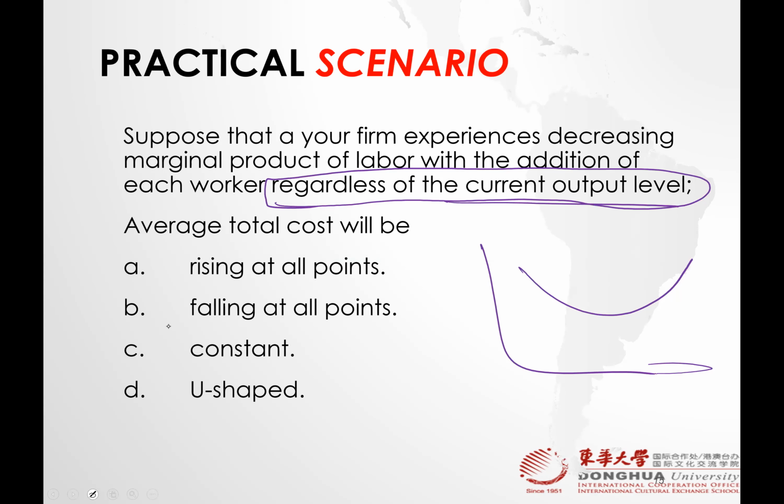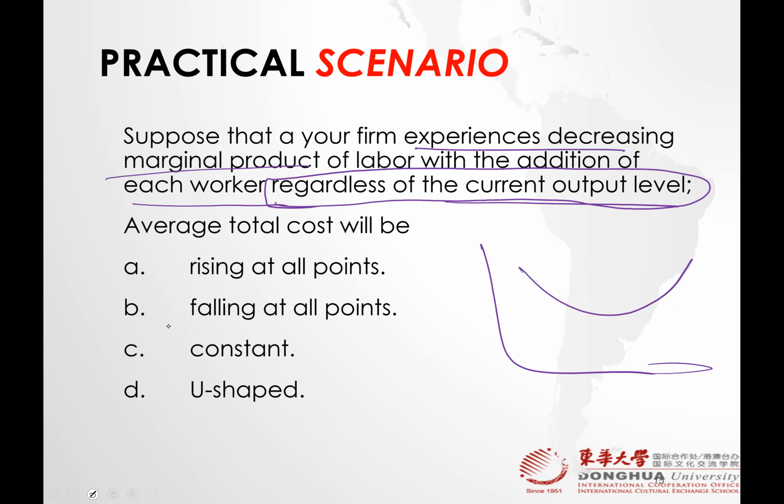They're talking about, suppose that your firm experiences decreasing marginal product of labor with each additional worker, which means diminishing marginal return. So that is a property, right? It means you are adding an additional worker, and the production is also increasing but at a decreasing rate.